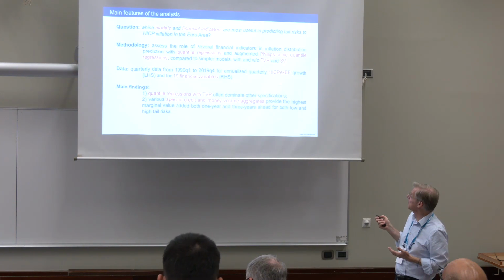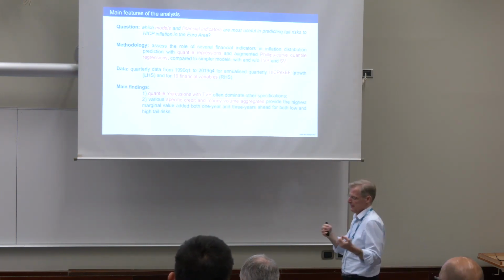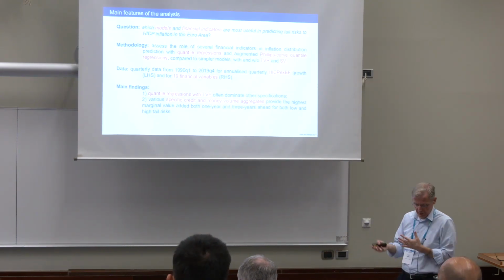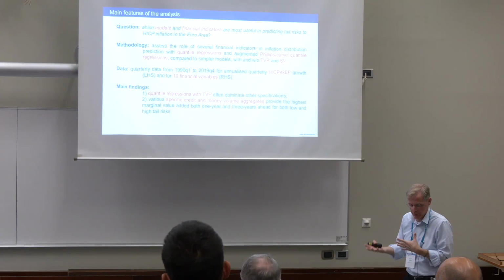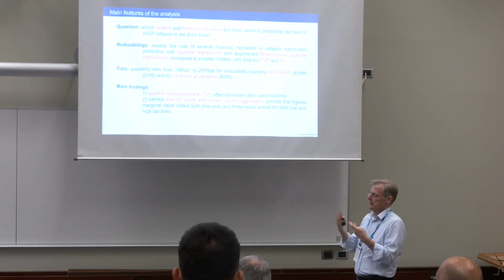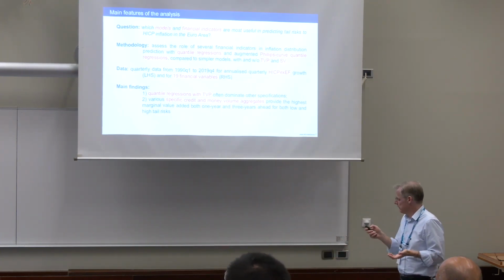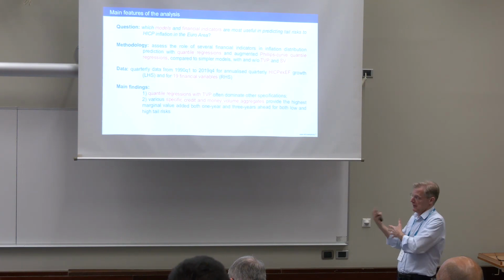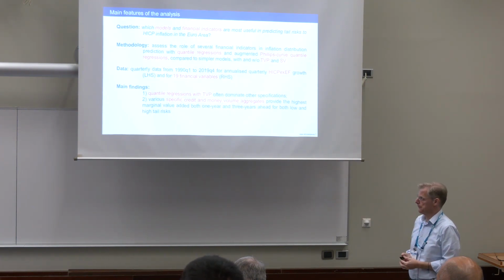We consider the HICP excluding energy and food because it's a relatively less volatile indicator of inflation, so it allows us to abstract from temporary influences of oil price and exchange rate fluctuations. And we consider, as I will list later on, several financial variables as predictors of tail risks of inflation.